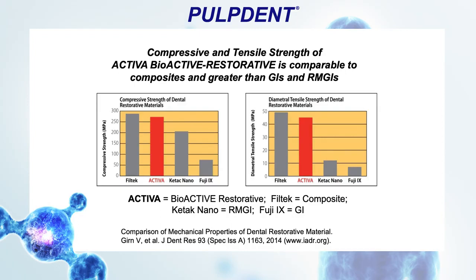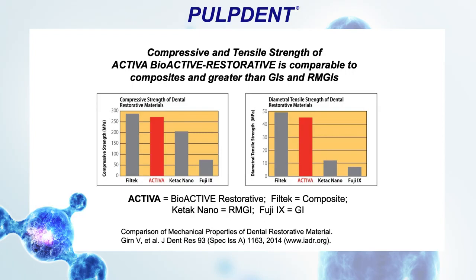As you can see, when comparing compressive strength with composite, in this graph, the composite is Filtech. The compressive strength of ACTIVA is very close to the compressive strength of composite. You can see that glass ionomer is not quite that much. In fact, glass ionomer is not designed to take compressive strengths or compressive load.